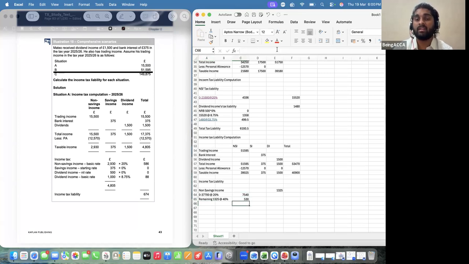Now we have completed non-savings income. Let's move on to savings income.